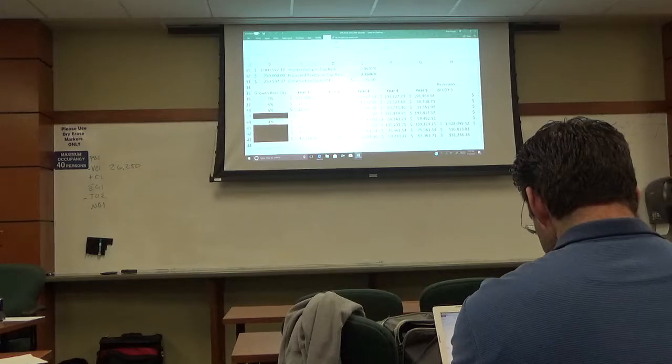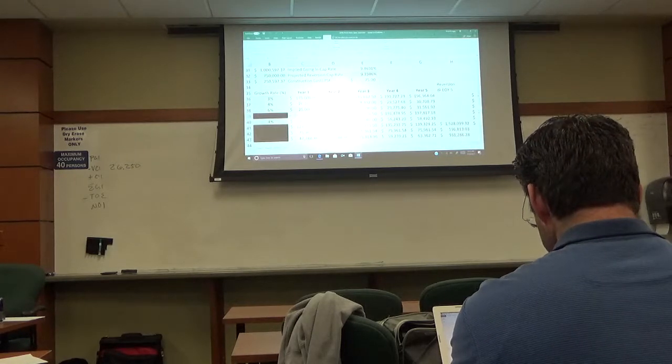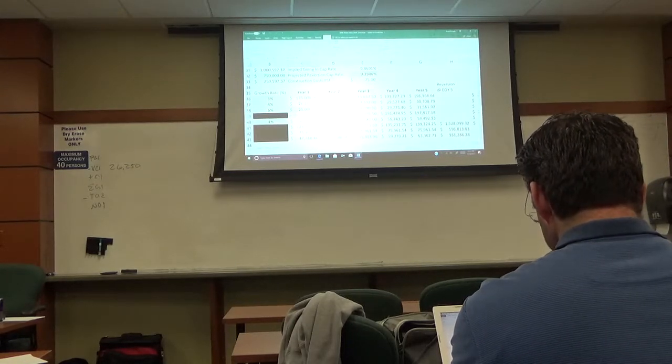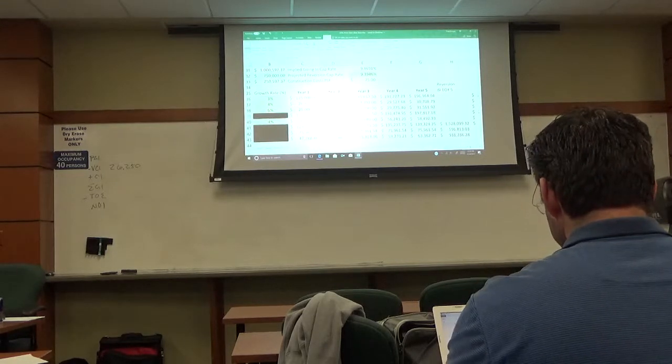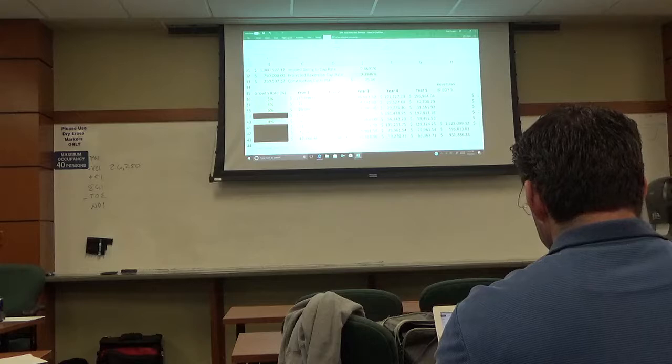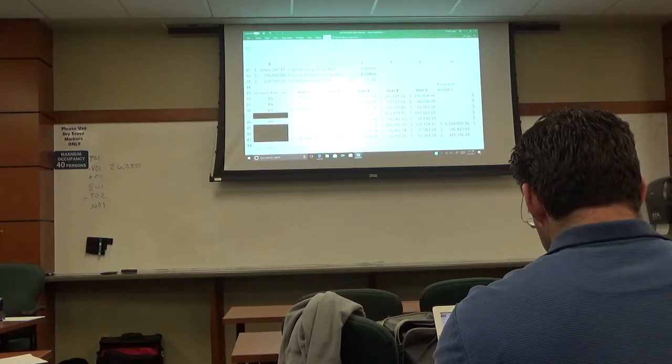So C39 we've already talked about, that's just adding those up. Now for basically row 39, you should not have to do any static cell references at all. You should just be able to copy all the way over.